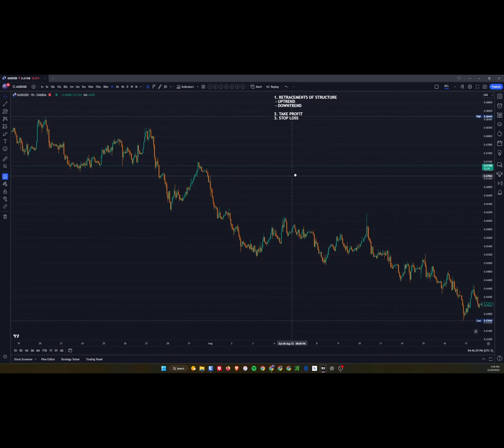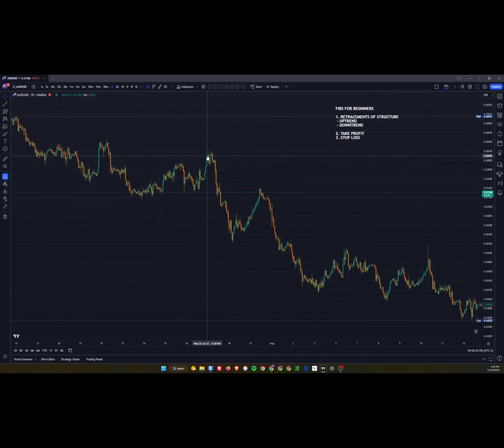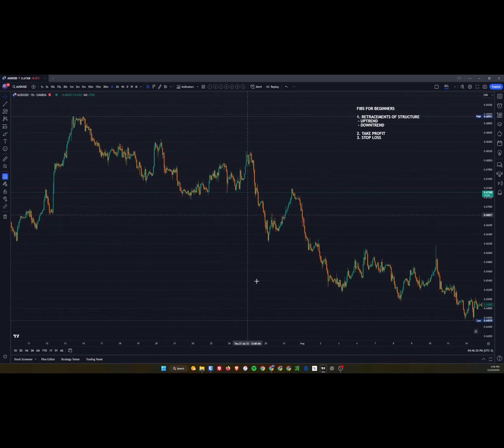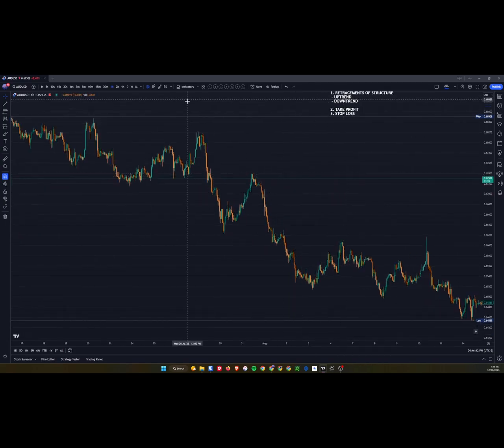Is it a downtrend or uptrend? It is a downtrend because it's selling off, retraces, sells off even longer. Okay, so let's isolate the structure right here. This is the move we're analyzing.